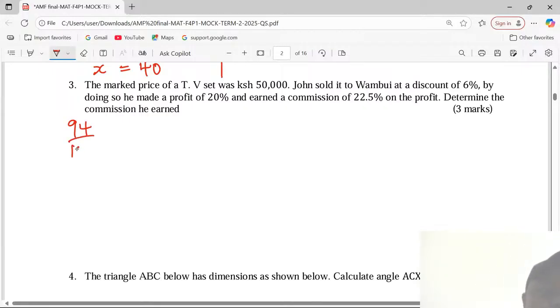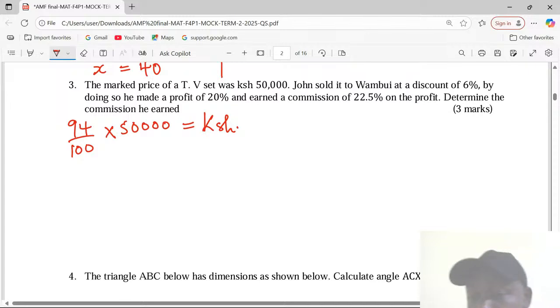So 94% of 50,000 will give us the selling price, the amount Wambui bought it, and this is exactly 47,000.